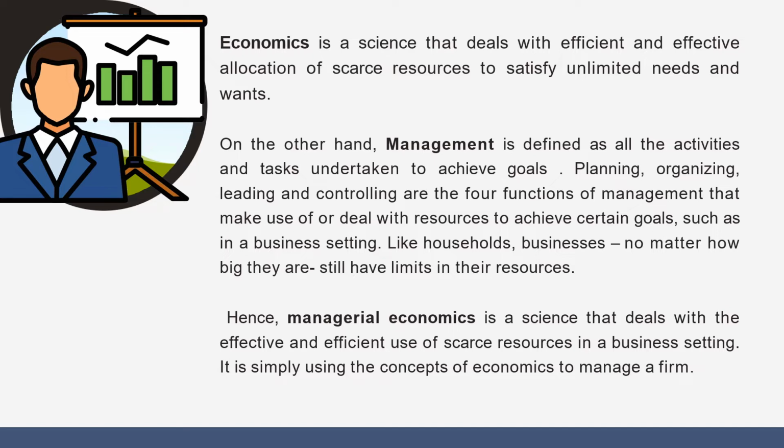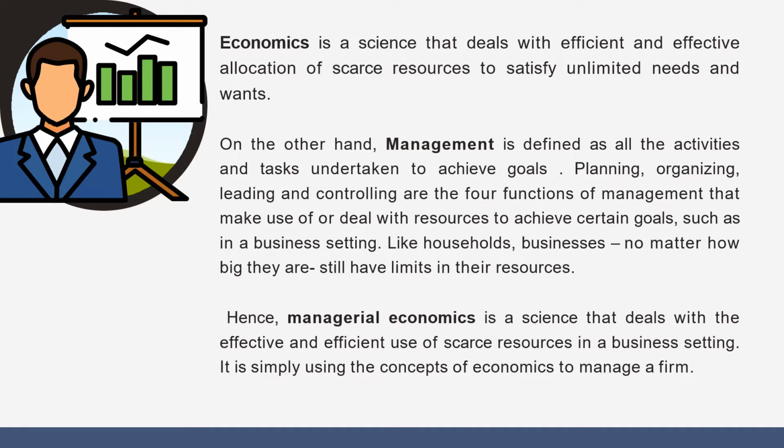What about management? Management is defined as all the activities and tasks undertaken to achieve goals. Remember that a company, a business, has its goals. In achieving its goals, it has to use resources. Now, companies, as I have said, no matter how big they are, still have limitations in their resources. And so when they do planning, organizing, leading, and controlling, which are the 4 functions of management, they have to allocate well their resources.